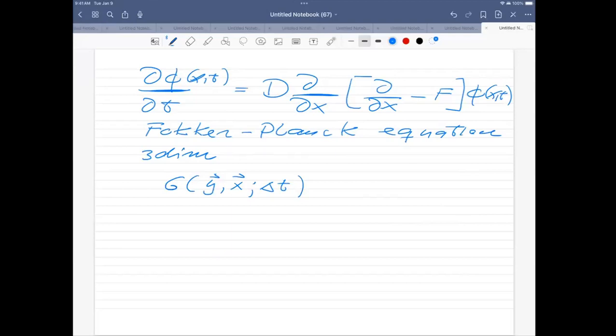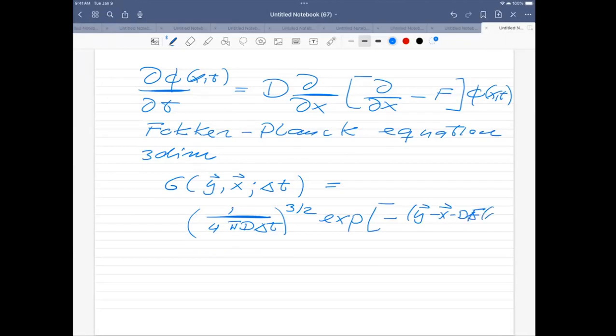Monte Carlo calculations. This is given by 1 divided by 4 pi D delta t, and now I'm just looking at the equations for one particle, and this is to the power of 3/2 if I'm in 3 dimensions, multiplied with the exponential, and then I have the argument of minus, and now I have y minus x, and then I have minus this D times a delta t, no, sorry, a force F of x.